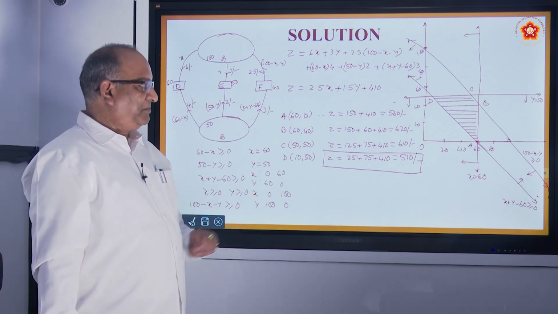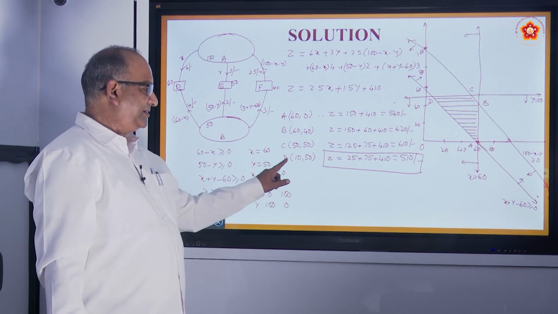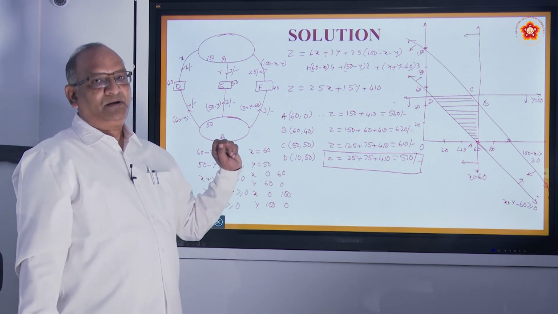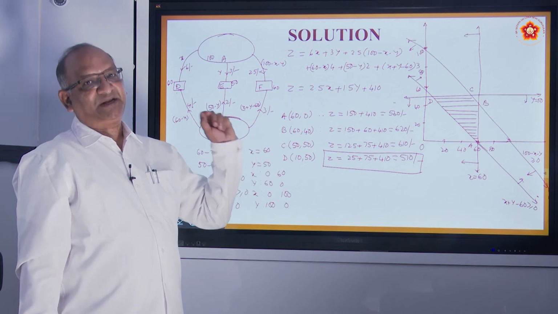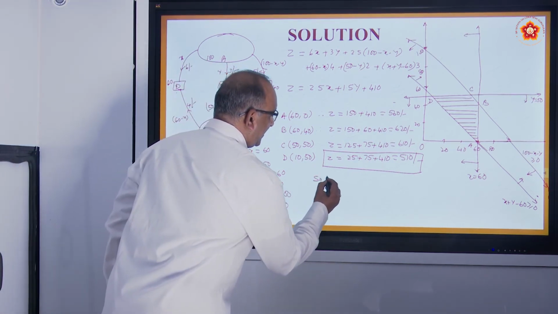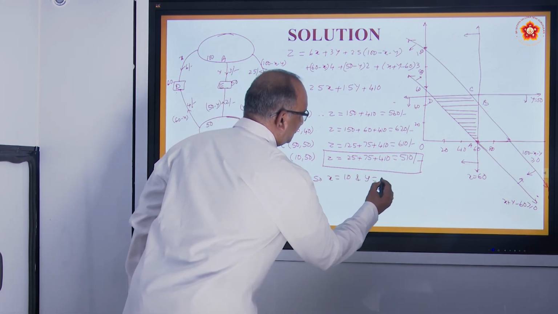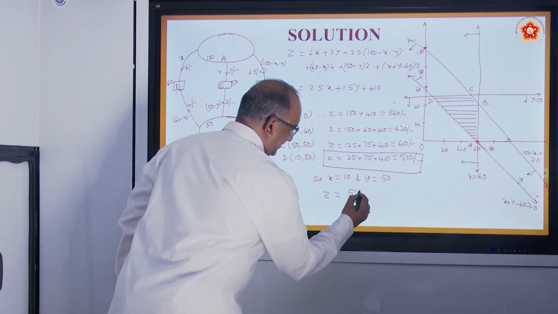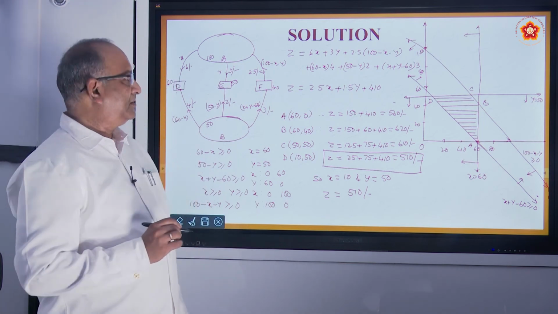If this is the minimum transportation cost, when did we get it? When point D is (10, 50). Means what? X value is 10, Y value is 50. So, X is equal to 10 and Y is equal to 50 and Z is equal to 510, the minimum transportation cost.